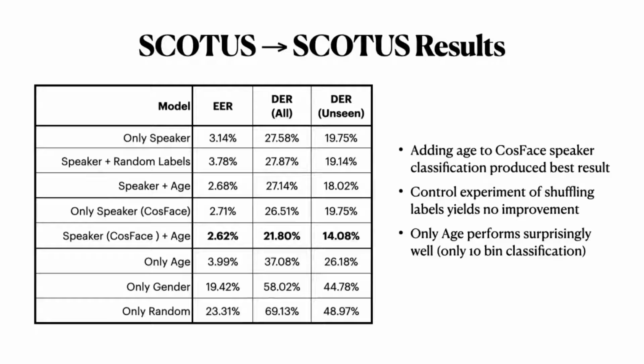And that makes sense considering gender, as mentioned, can largely be discriminated by F0 alone. But surprisingly, only age classification performs quite well, especially considering it's only a 10-bin age classification task, which suggests that to learn something about age, the network must also learn a good deal about speaker identity.